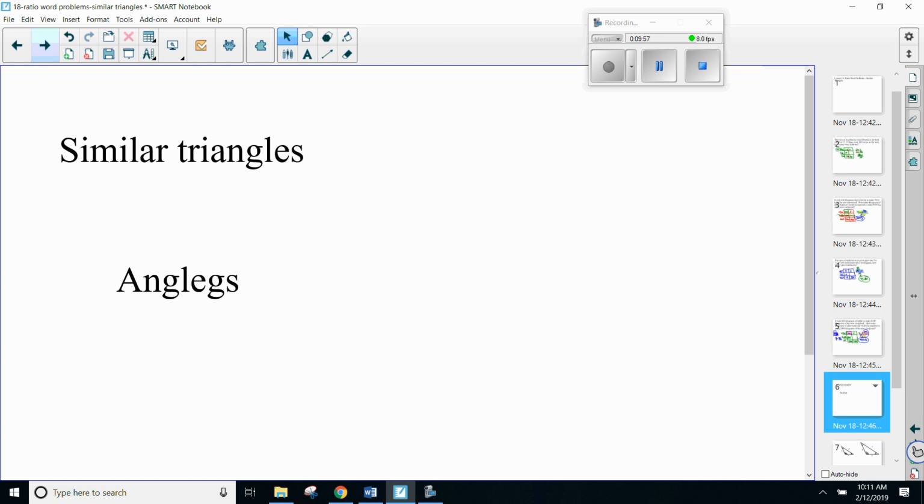Yes? So if you have one triangle with a 90-degree angle, would another triangle with a 90-degree angle always have the same angle measures on all three corners? No. Just because you have a 90-degree angle doesn't mean that the others will be the same, because you could have a 30, 60, 90 triangle. In this case, this one is a 45, 45, 90.